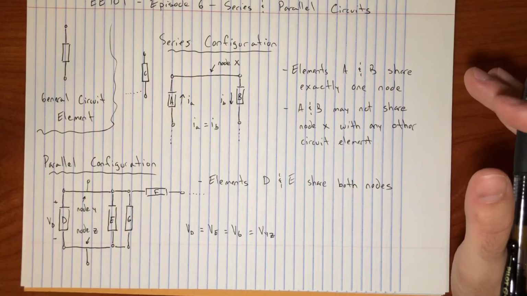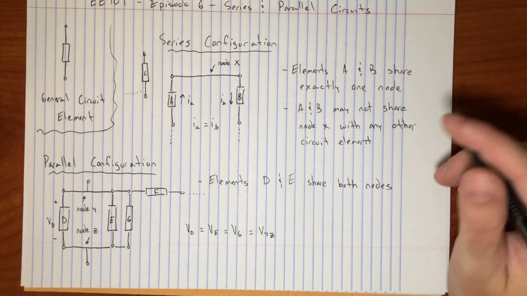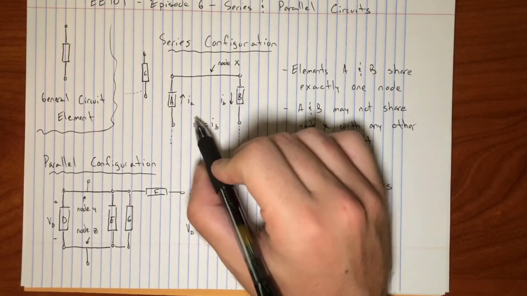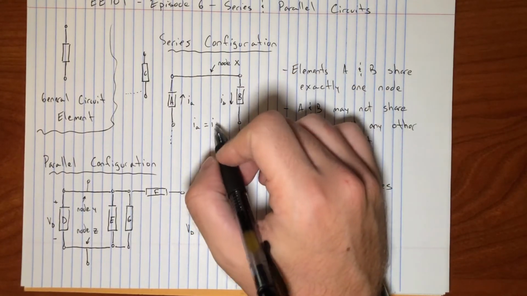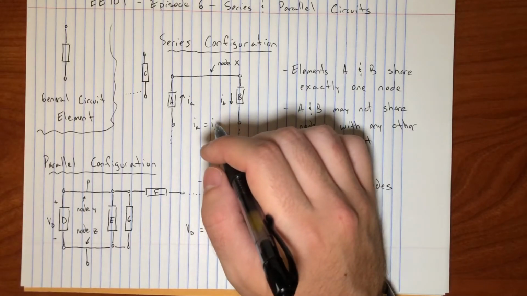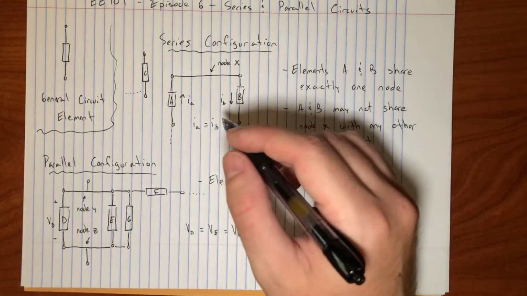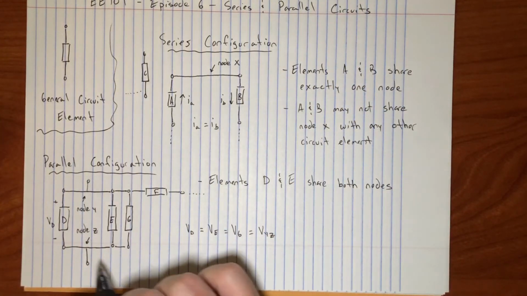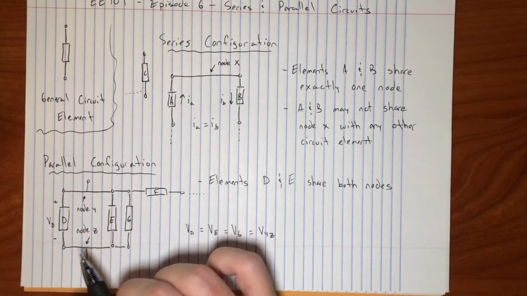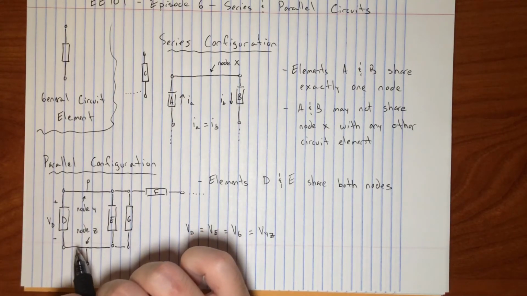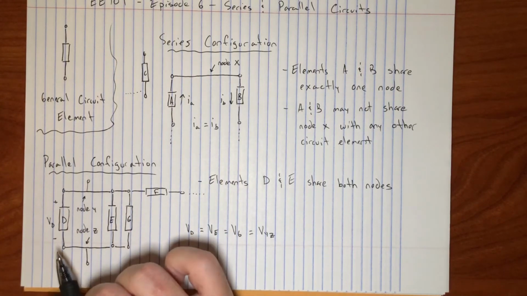And this is a super powerful tool, just like I talked about here. Being able to apply this knowledge in your circuit analysis, that series elements have equal currents, is absolutely necessary to be able to solve even the most basic circuits. And the same is true for understanding this relationship with KVL for the parallel configuration. You must recognize that anytime elements are in parallel, they share the same voltage.